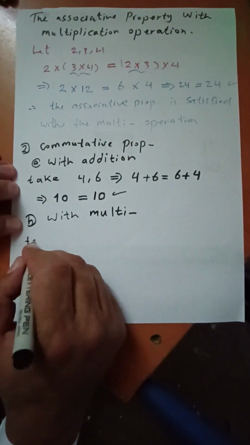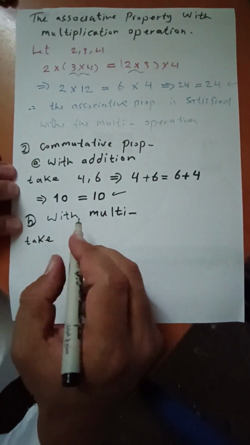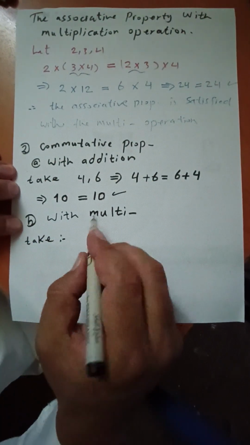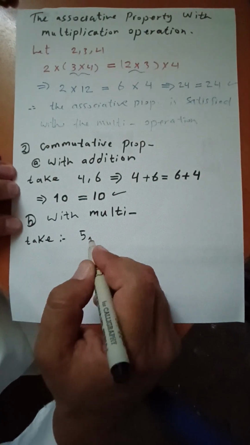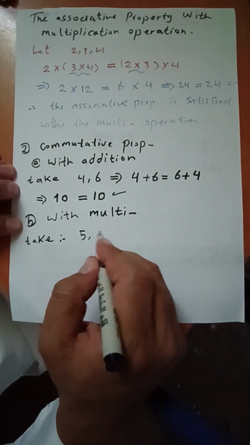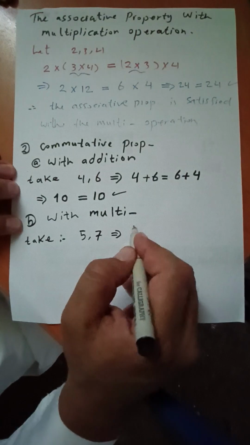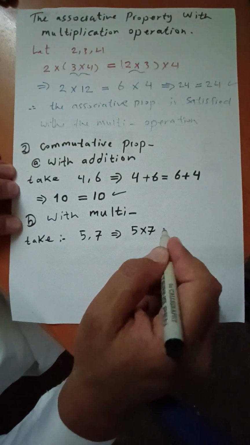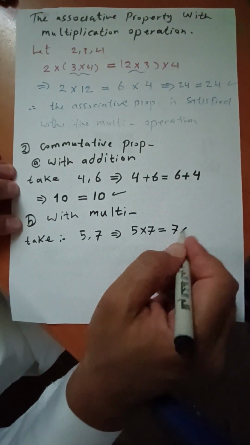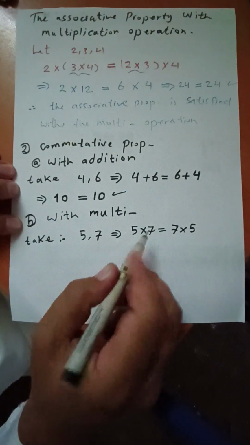Take an example. Take these 2 numbers. The first number is 5. The second number is 7. Now 5 times 7 should equal 7 times 5.